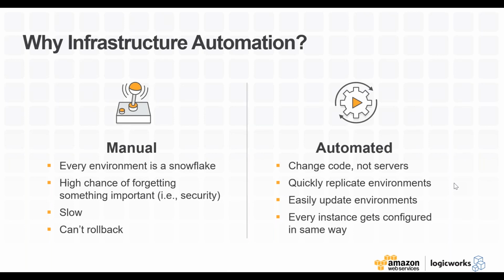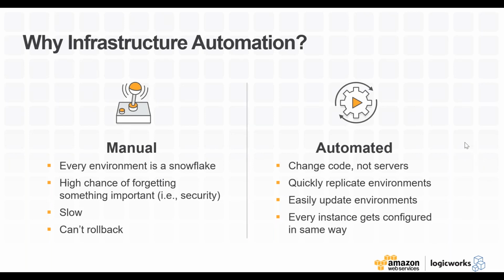When you build every environment from a template, you've finally achieved the holy grail of infrastructure operations, where every environment and every instance is consistent and repeatable. You know exactly how an instance is configured just by looking at the code that built it. It's that powerful.